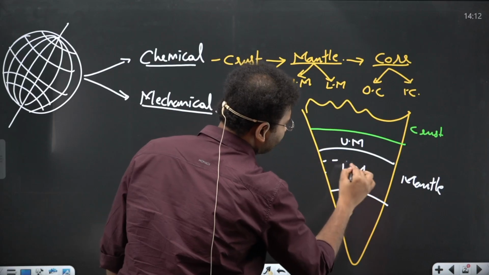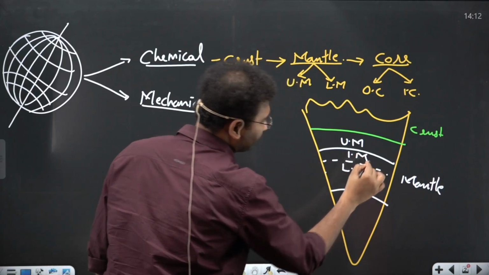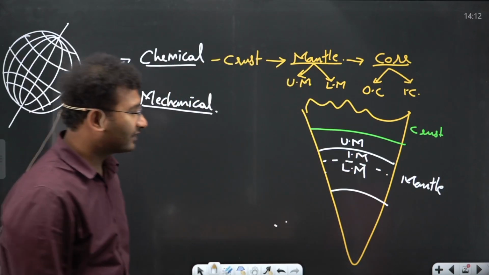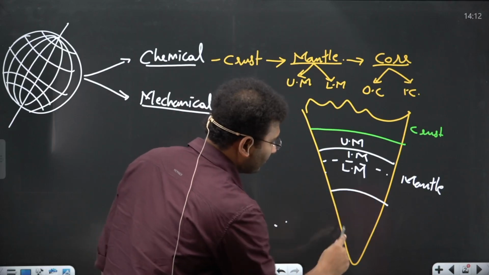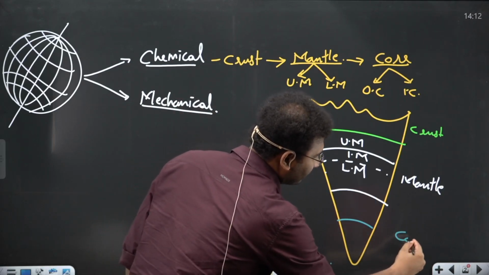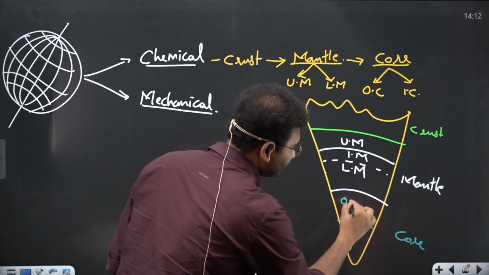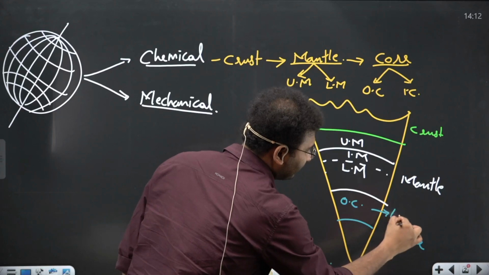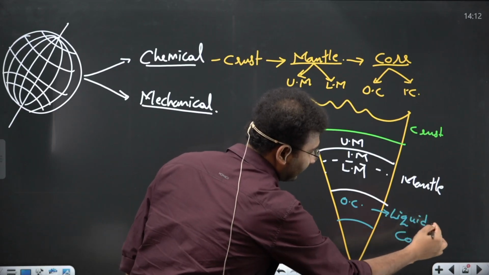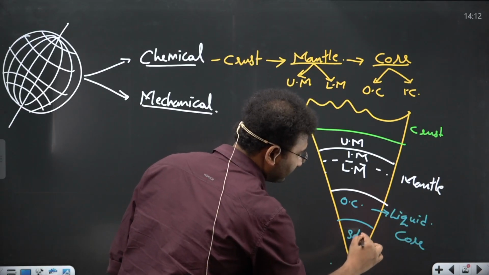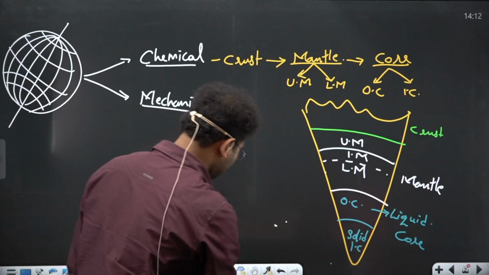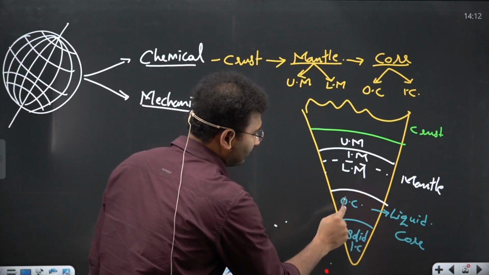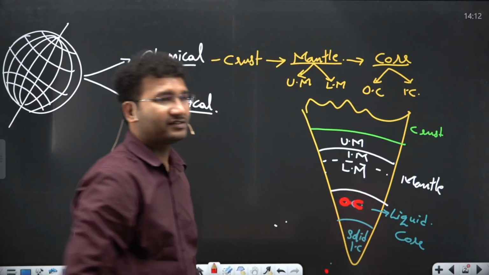You can also divide this into intermediate mantle as well, right? Further, you have a core. This is your core, and this core, this is outer core, which is liquid in nature, and this is inner core, solid in nature, right? So this is the only layer which is liquid in nature.